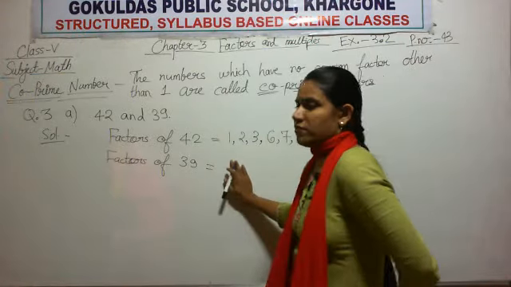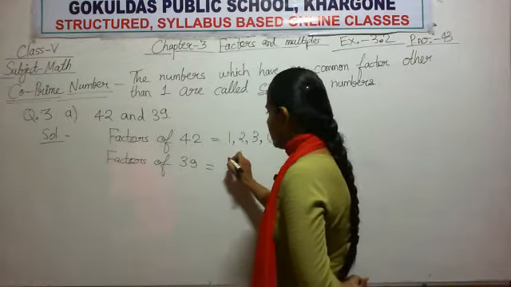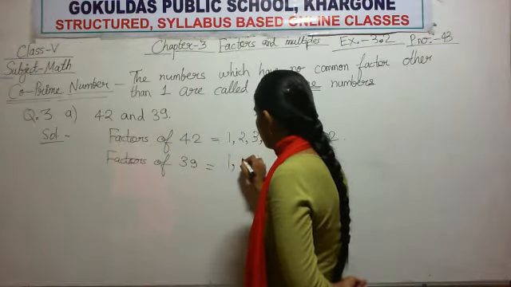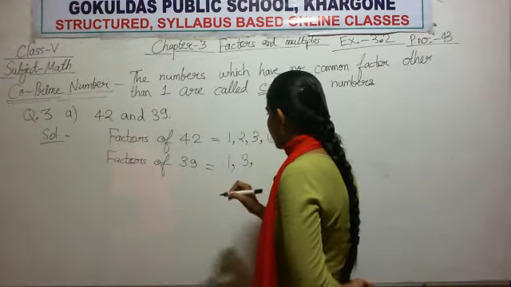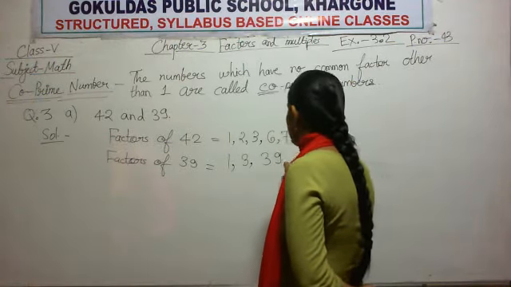Okay. Now let us write the factors of 39, which is divisible by 1, 3, and the number 39.